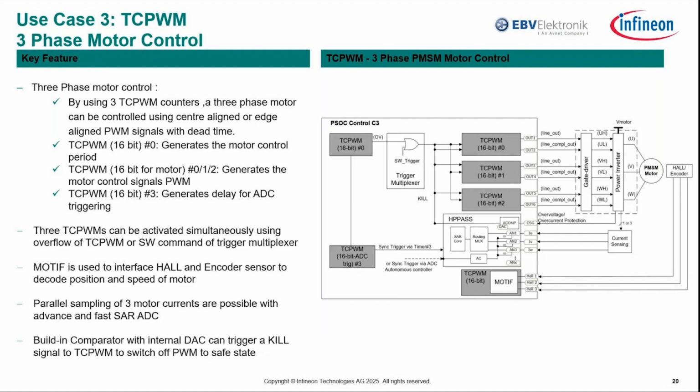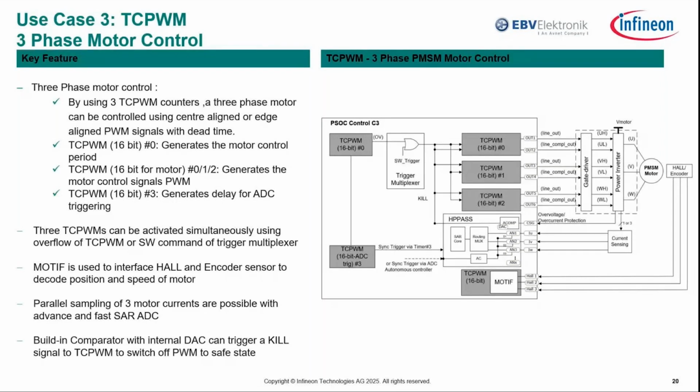You can easily set your delay or latencies with these counters, and three PWMs can be activated simultaneously using overflow of PWMs or software command of the trigger multiplexer, depending on your control method. And parallel sampling of three motor currents is possible with the advanced and fast SAR ADC, as we mentioned.